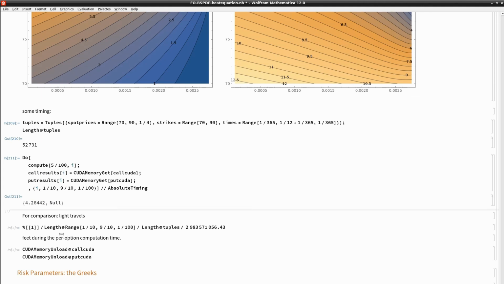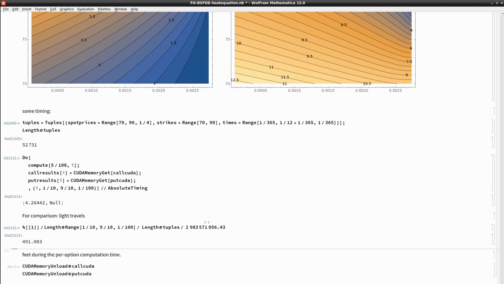And I generally like to do timing results with a comparison with the speed of light. So for example, in this calculation, light travels less than 500 feet for the average per option computation time, right?